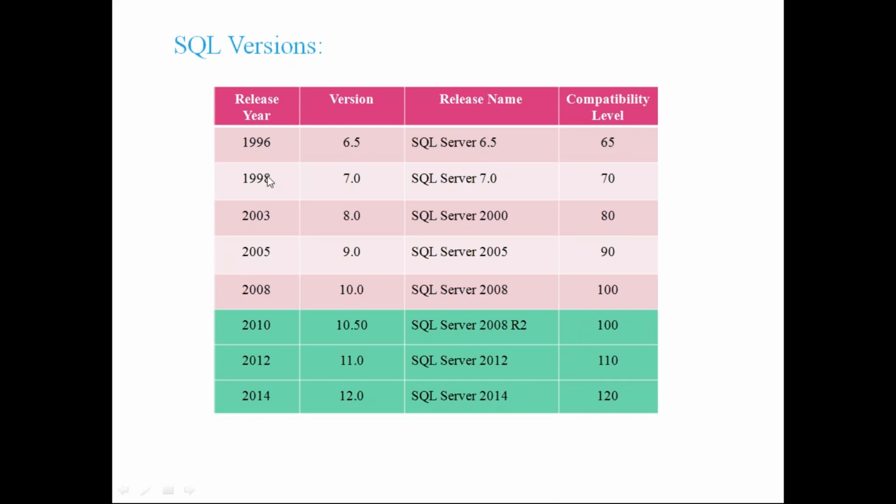In 1998, they released 7.0 and the version is 70, and the same for 2000, 2005 and 2008. You can just ignore 6.5, 7.0, 2000 and 2005, because I don't think any organizations are using these outdated versions.